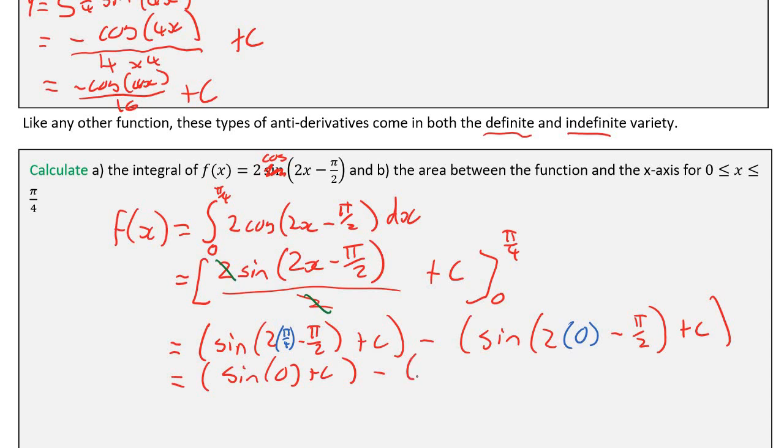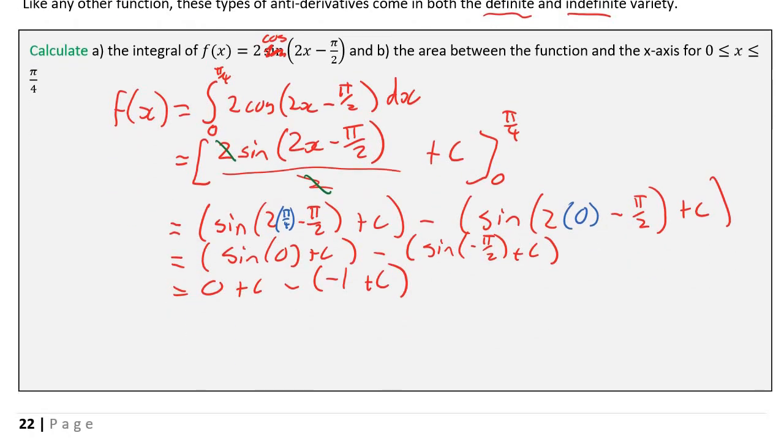So minus. Yeah, so sine of 0 is 0. What did I say minus sine of pi on 2 is? Minus pi on 2? -1 plus c. Now I'm leaving that second one in brackets for a reason that will hopefully be obvious in a moment.